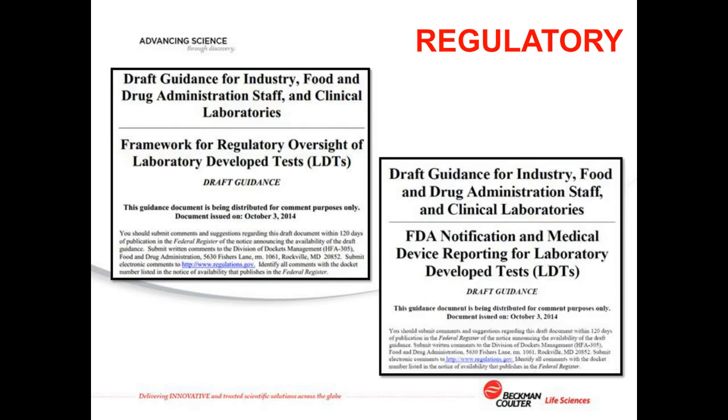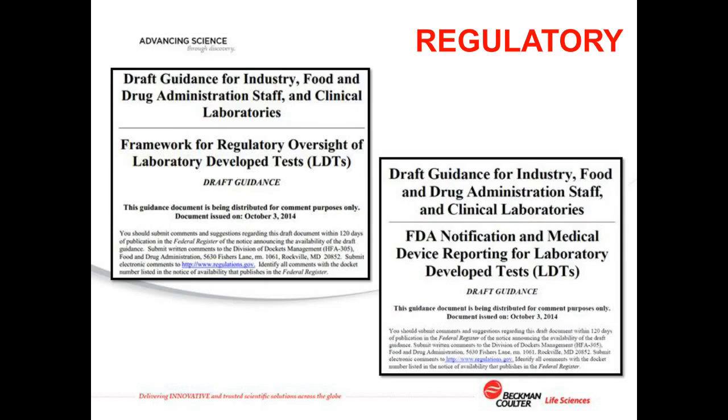But if you look at the broad menu of tests that are actually delivered, most of those are laboratory developed. There is no in vitro diagnostic. And a good example of this, of course, for me is flow cytometry. With the exception of some kits for lymphocyte subsets and stem cell enumeration, almost all testing is done in the context of laboratory developed tests.